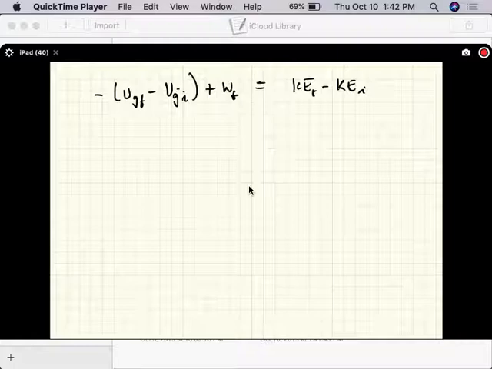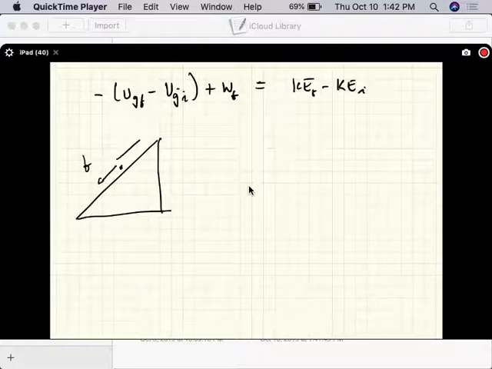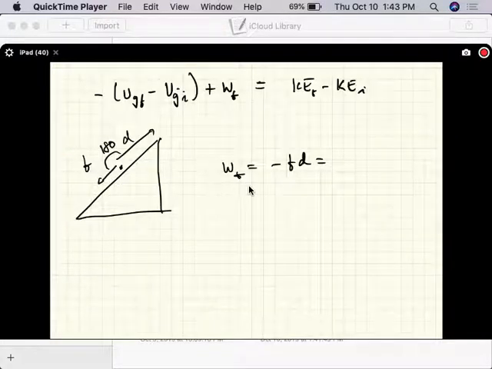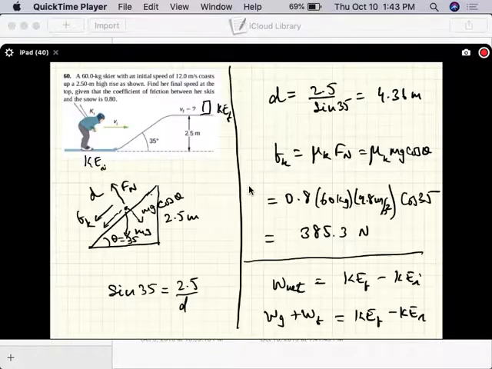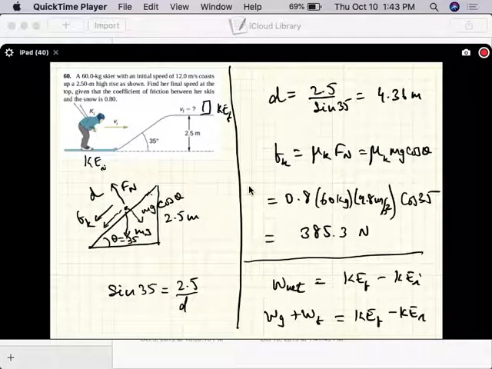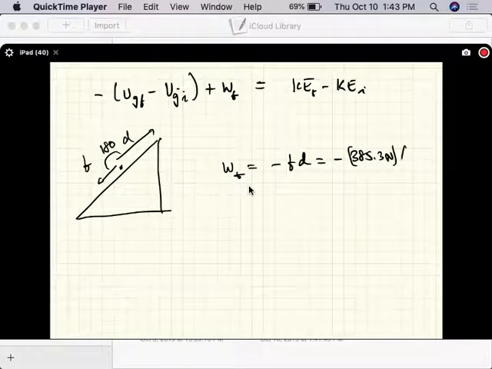I shouldn't have to draw this at this time, but I will still do it. So here is the friction force, here is the distance, and that angle is 180 degrees. Work done by friction force is negative F d, and F was 385.3 newtons, and the distance of the slope was, very good, thank you.